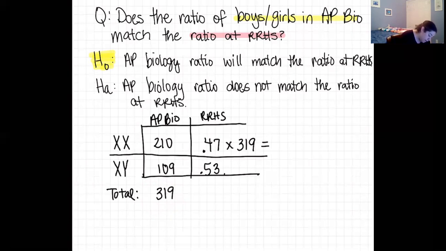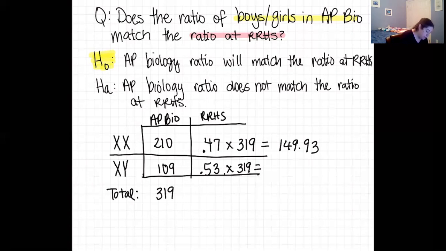Likewise, I would take 0.53, multiply it by 319, and that's how many we would be expecting in AP Biology. So 0.47 times 319 is 149.93. And it's okay to have a decimal as your expected value. That's perfectly fine. Likewise, I'm going to take 0.53 and multiply it by 319.